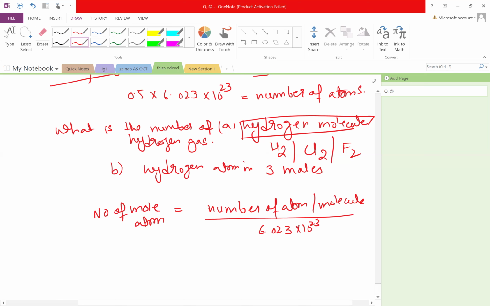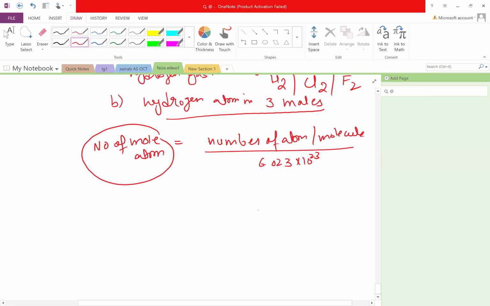Got it? So what is the number of moles given? See, hydrogen is 3 moles. What is the number of moles given? It's 3, na? So 3 over here.